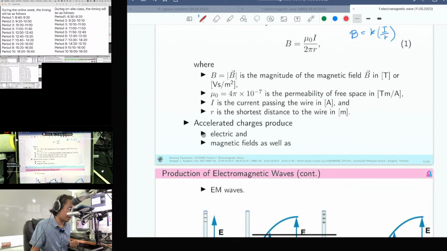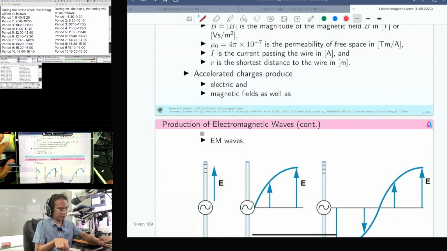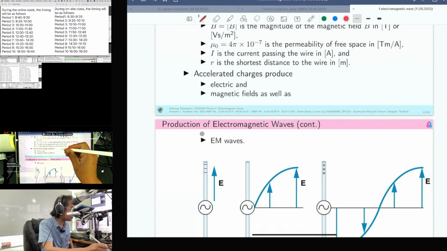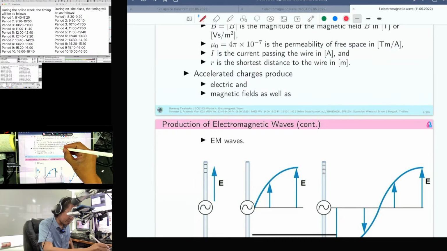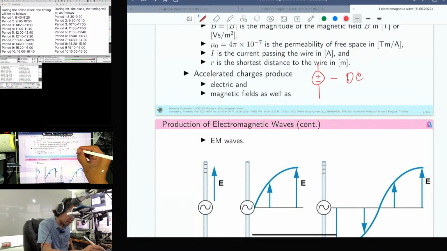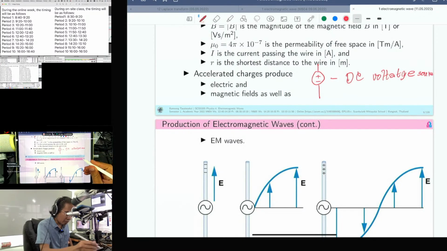Okay, before we go to that scenario, I need to introduce you to basic notation. In electricity, you have here plus and minus, and this one is called a direct current voltage source. What is that?